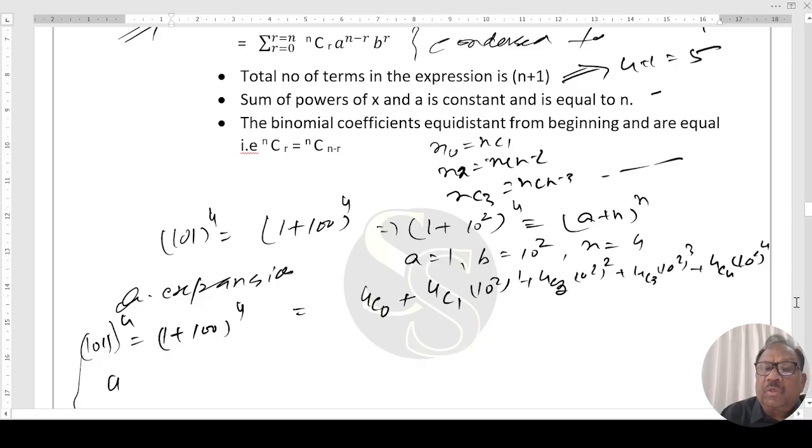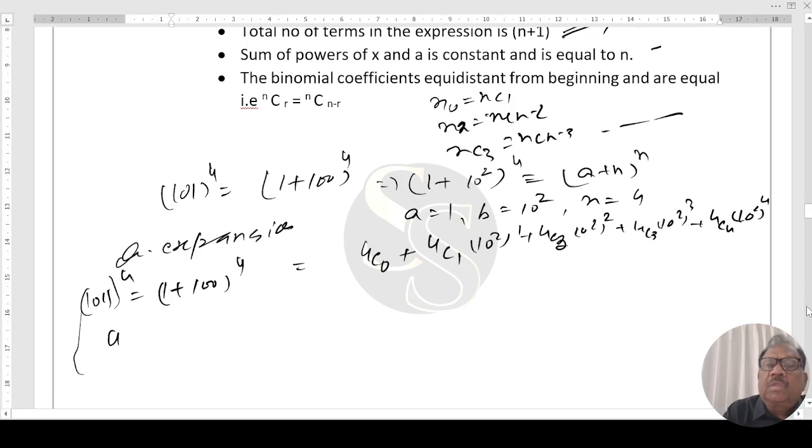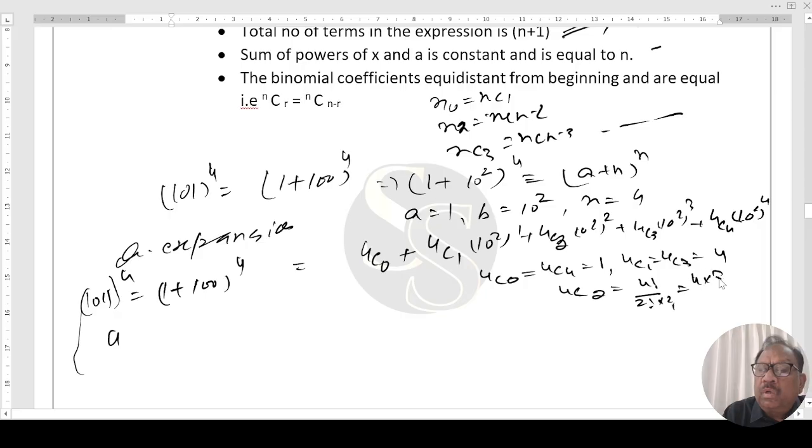So on simplification, now using the properties binomial coefficient equidistant, 4c0 equal to 4c4 equal to 1, 4c1 equal to 4c3 equal to 4, and 4c2 will be equal to factorial 4 over factorial 2 into factorial 2, that is 4 into 3 divided by 2, that is 6.